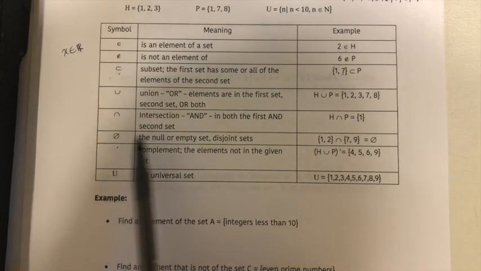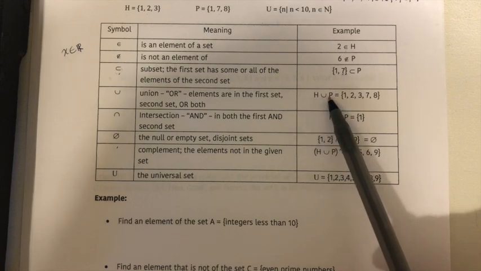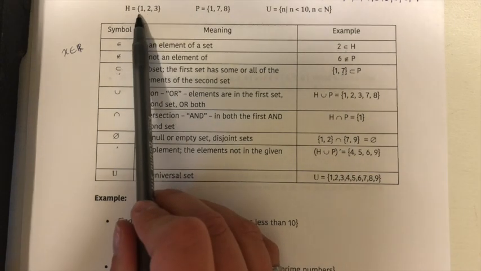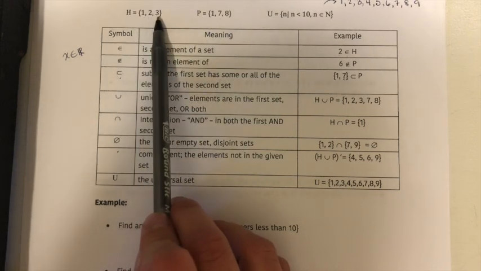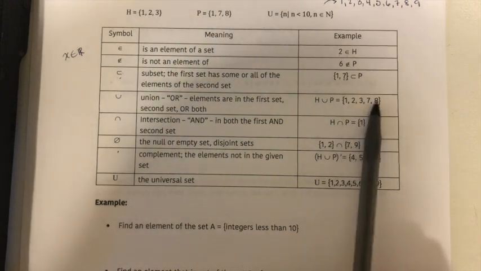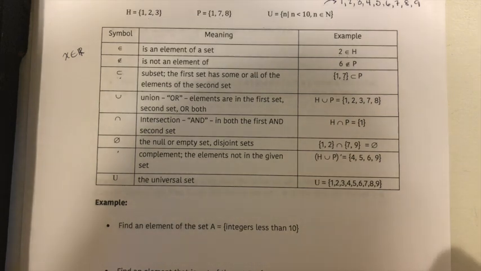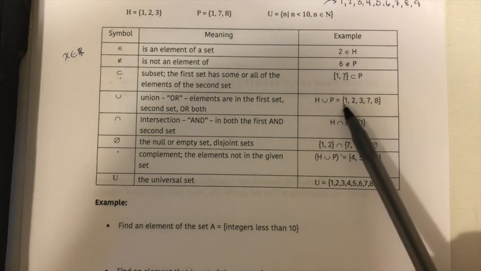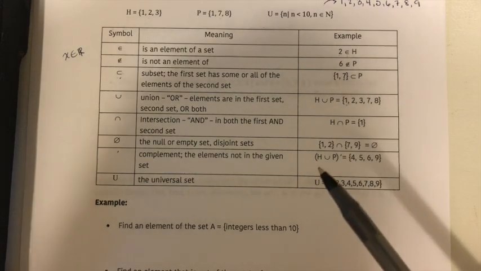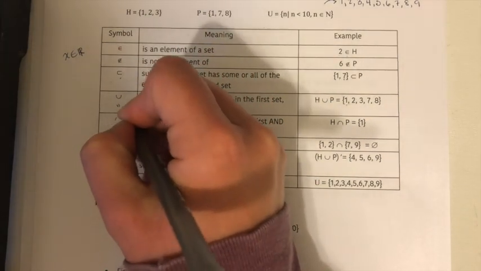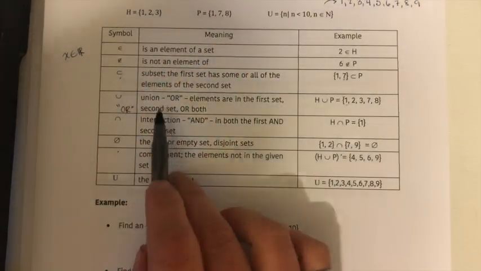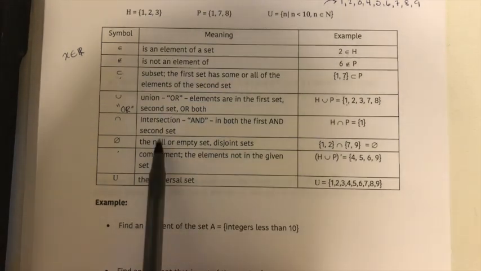So if we said H union P, 1, 2, 3, 7, and 8 would all be in the union of H and P. Remember from yesterday that we're not going to write 1 twice, even though it appears in both. We don't want any repeats in our sets ever. So when you think of union, I want you to think or.